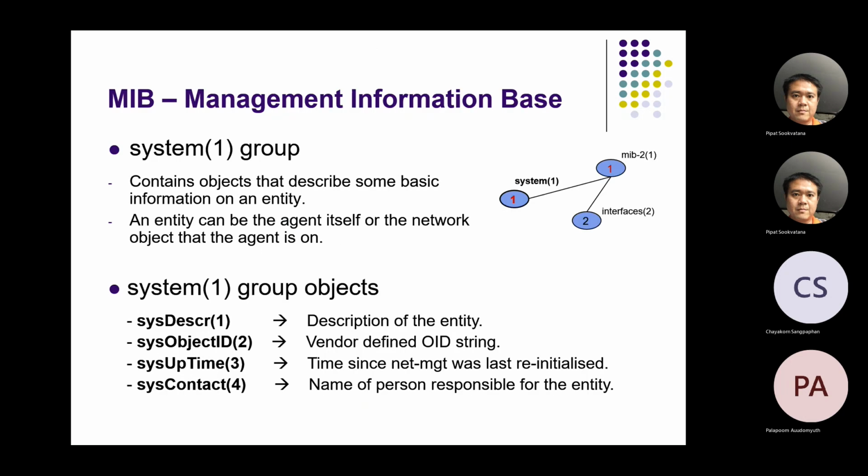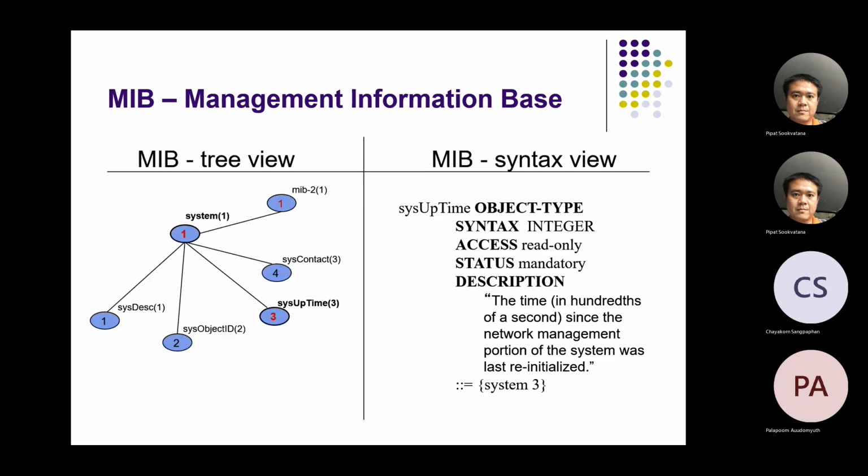So from this one here, you can see that the system is 0.1, right? So we create more, we create system. So the system uptime is 0.3. See that we create the new object after the system and name it 0.3.